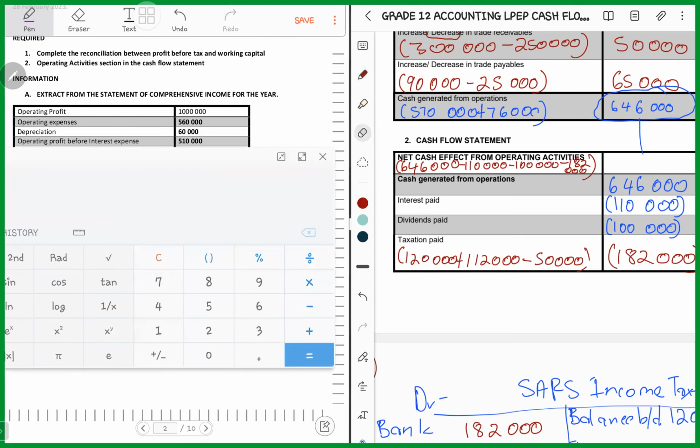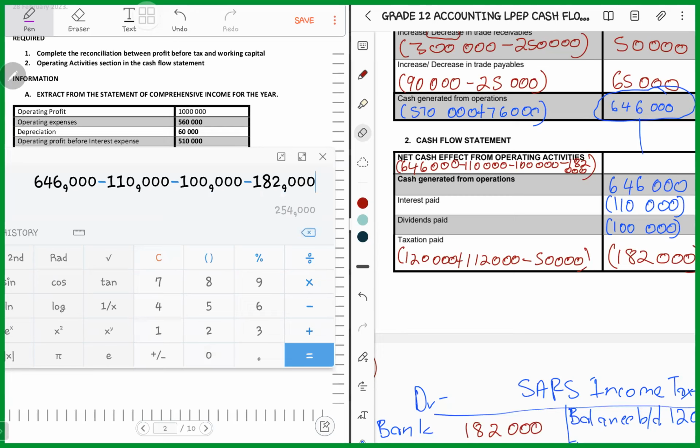So it's going to be 646,000. We're going to subtract 110,000. We're going to subtract 100,000. Then we're also going to subtract the taxation paid of 182,000.